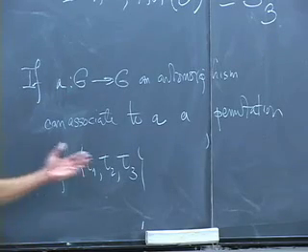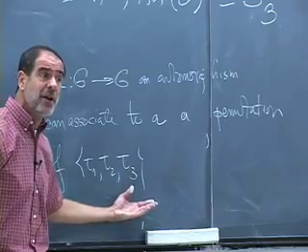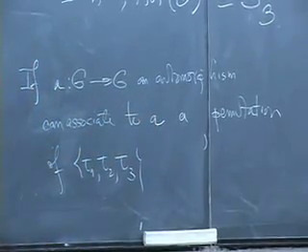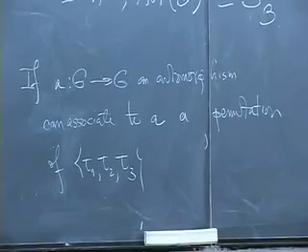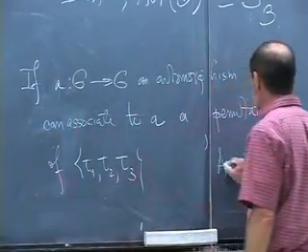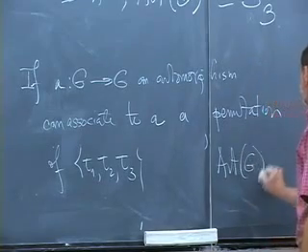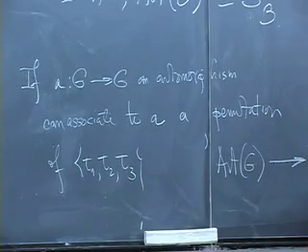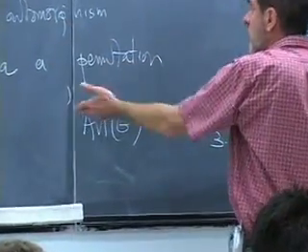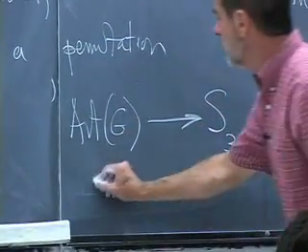And if I know that element in the symmetric group on 3 letters, I certainly know the automorphism of the group, because I know where it sends tau 1, tau 2, tau 3, and I certainly know where it sends the identity. So that gives me a homomorphism from the automorphism group of G to the symmetric group on 3 letters. And that association gives a homomorphism with trivial kernel.